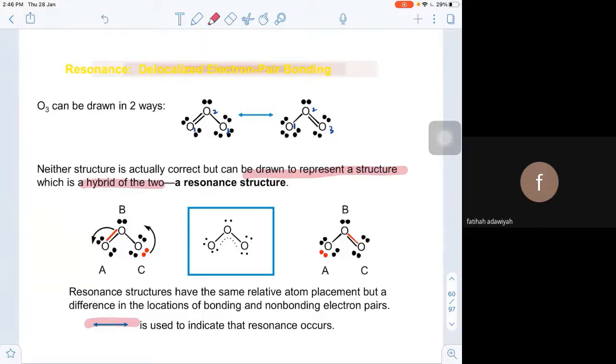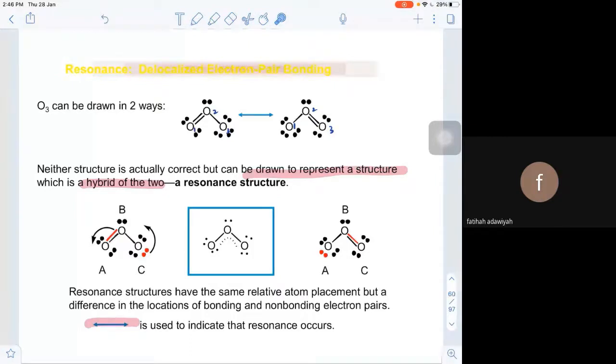Then we say that it is resonance. To repeat, resonance structures have the same placement of atoms, but differ in the location of the bonding and non-bonding electrons.